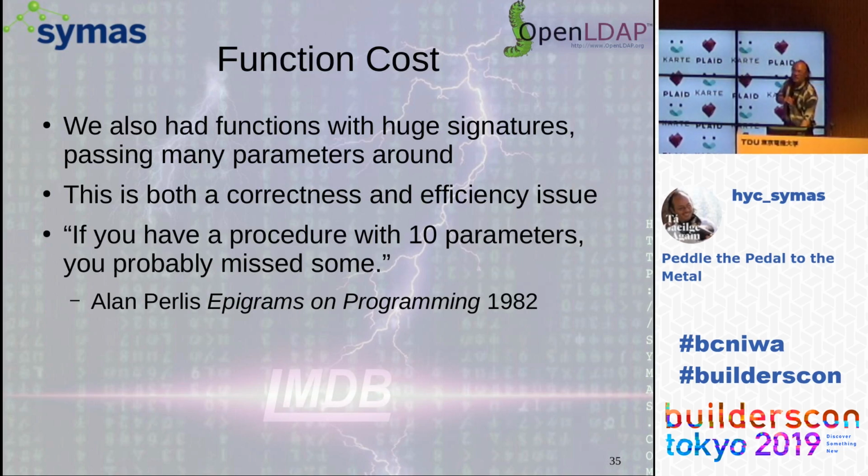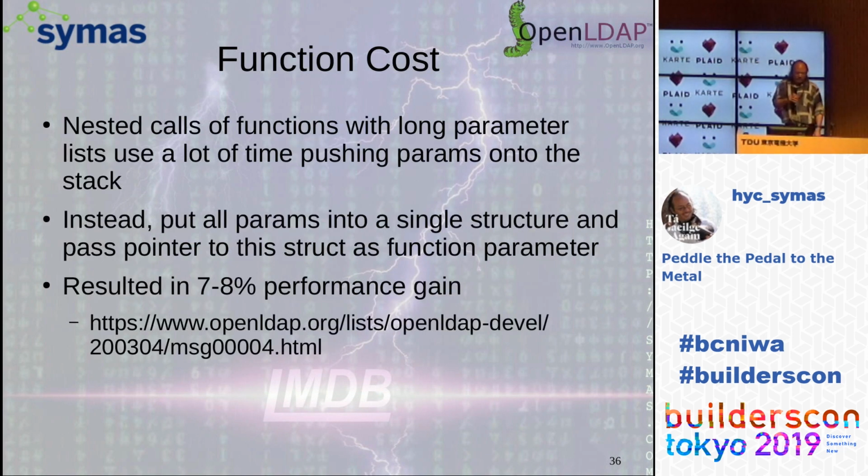Every time you get to that, that's a really big red flag. I noticed this a lot in C++ code bases, and well, I hate C++, but in C code bases, it's fairly easy to avoid this, and you should stay aware of that. So instead of having these 14 parameters being passed around all the time, we started putting all of them in a single structure. To pass these up and down, we only need to pass one pointer to a structure. And that saved 7 or 8% of our runtime.